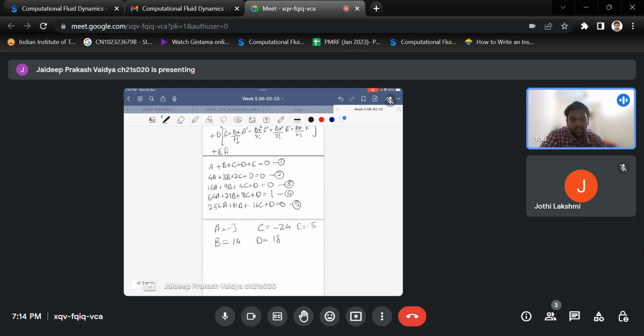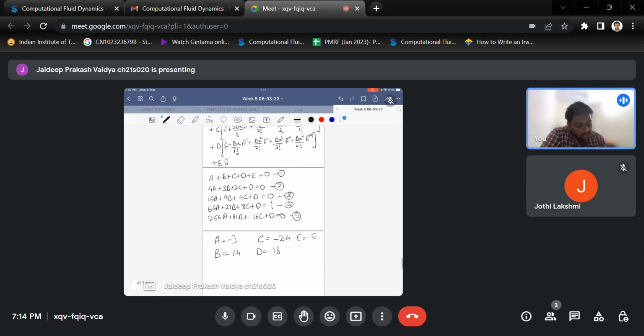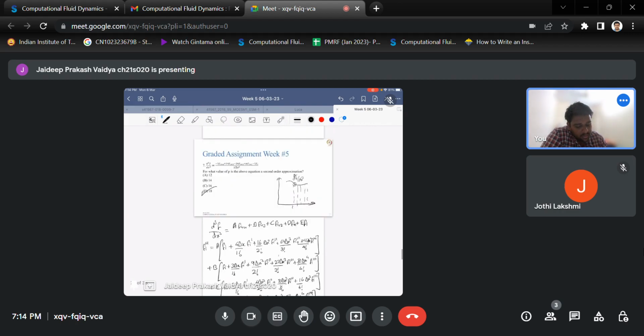We have to just find a, b, c, d, e and resubstitute them in this equation.